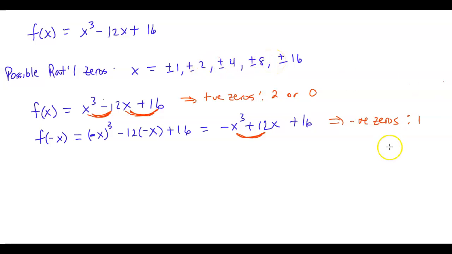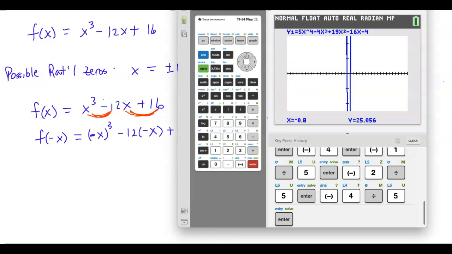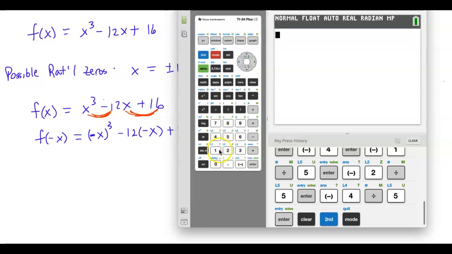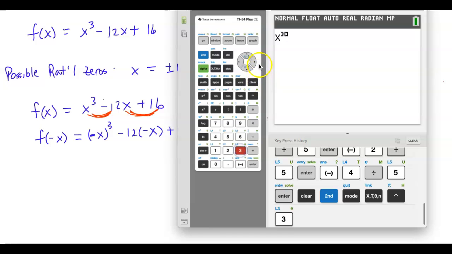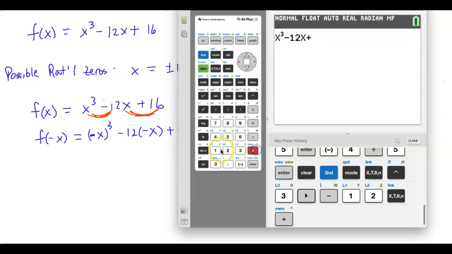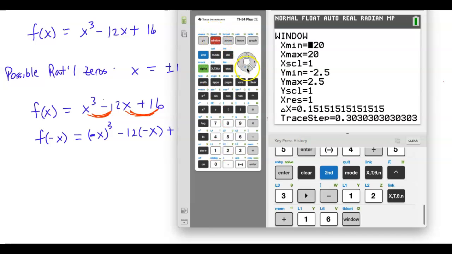And so again, using our technology, I'll go ahead and clear this out, and we'll put this function back in again. So we'll go to second quit, and then we'll come here and say that this is x cubed minus 12x plus 16. And of course our window, oops, I think I put that in the wrong place.